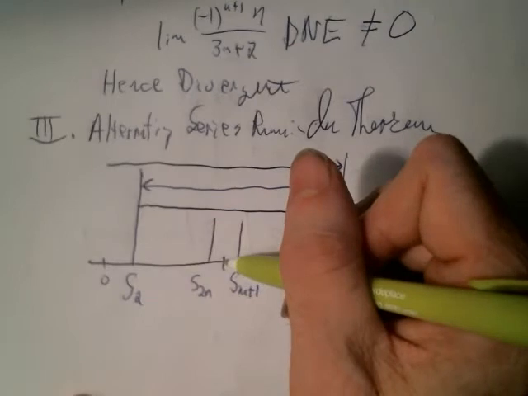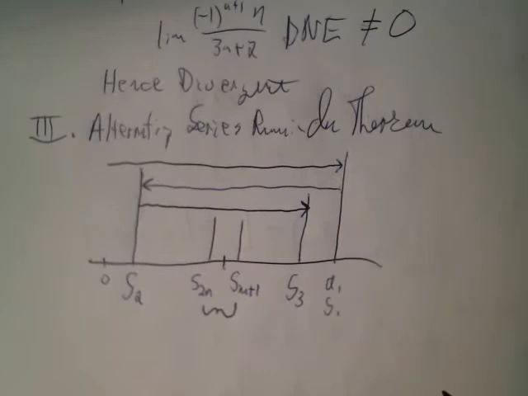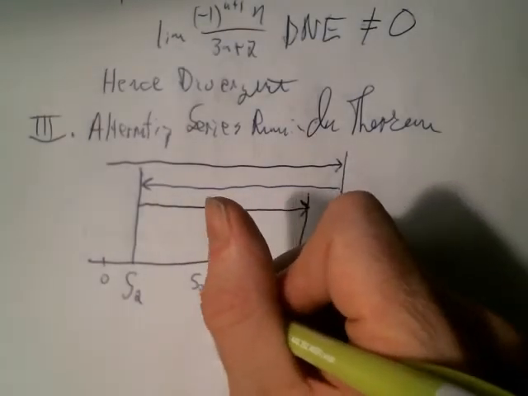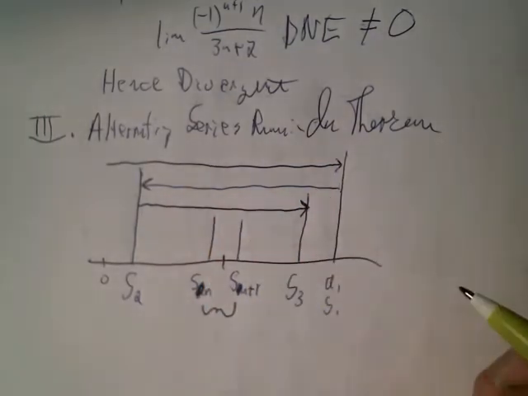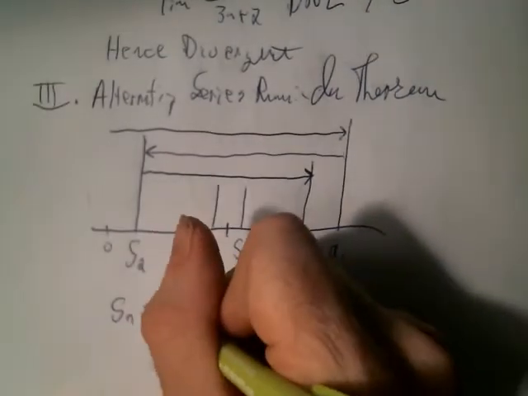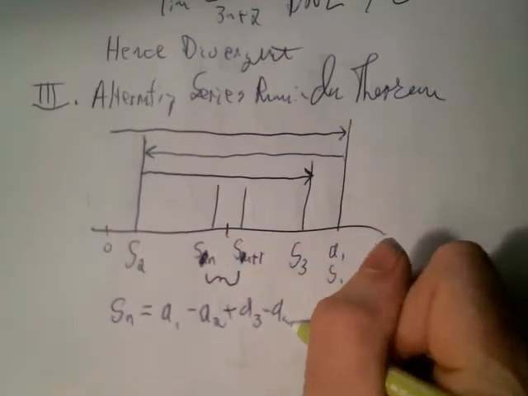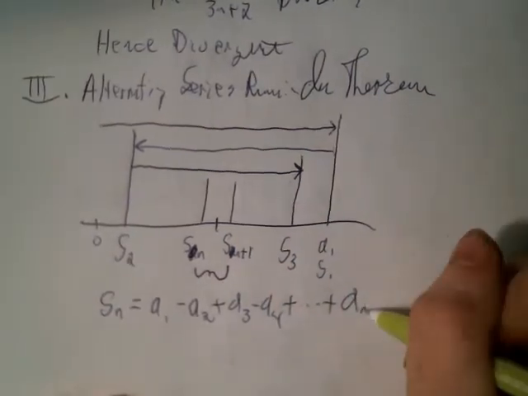And the difference between these two is kind of what we're after. I don't even have to use s sub 2n. I can just say s sub n and then s sub n plus 1. So what is s sub n? S sub n is equal to a sub 1 minus a sub 2 plus a sub 3 minus a sub 4 plus dot dot dot plus a sub n minus 1.